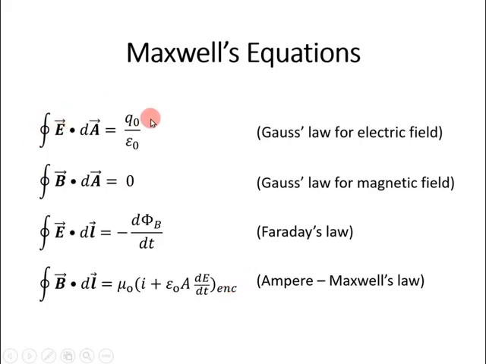Now, the first equation that we started with was Gauss' law for electric field, and we said the electric flux over a closed surface will be equal to the total charges enclosed divided by the permittivity of free space. The second law is Gauss' law, but this time with reference to the magnetic field. It said the closed magnetic flux integral will always be equal to 0. Then we came to Faraday's law.